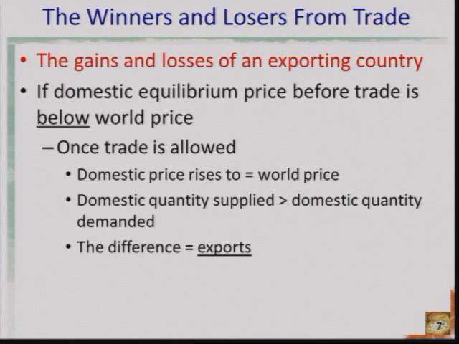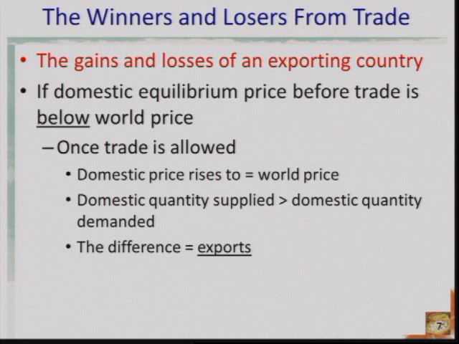Yes, we were selling it for $10 in here, but if everybody else is selling it for $11, once we open our borders, our sellers are going to sell it for $11 also. We're assuming that there's plenty of demand out there for this product, but the reasoning is, why would our domestic sellers keep selling it for $10 when everybody else has been paying and is expecting to pay $11 for it?